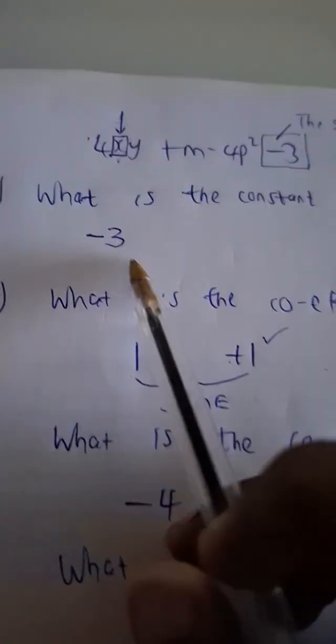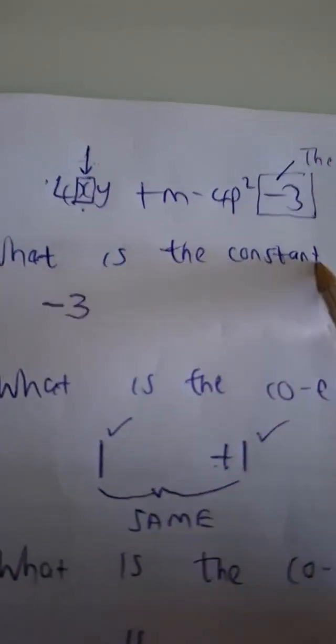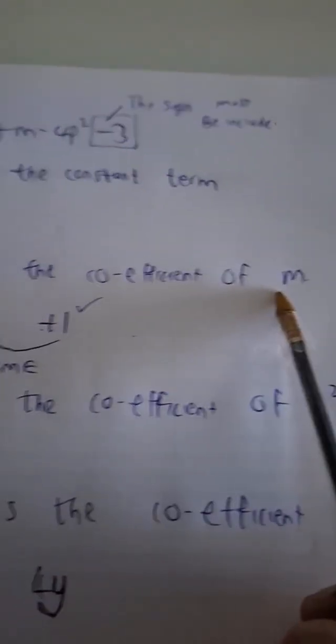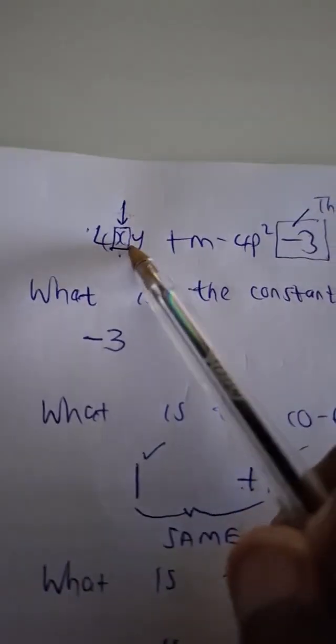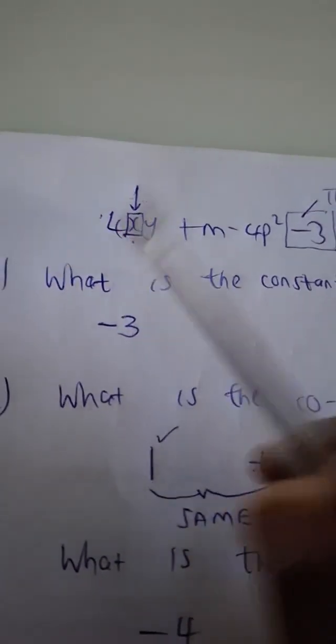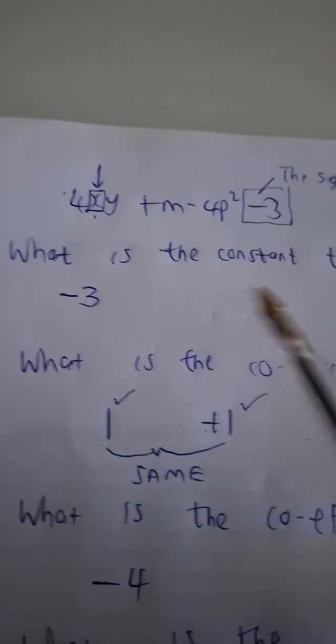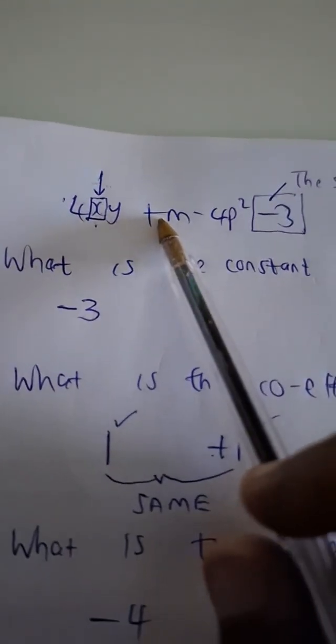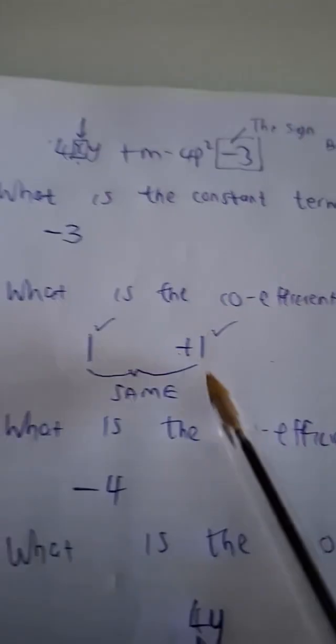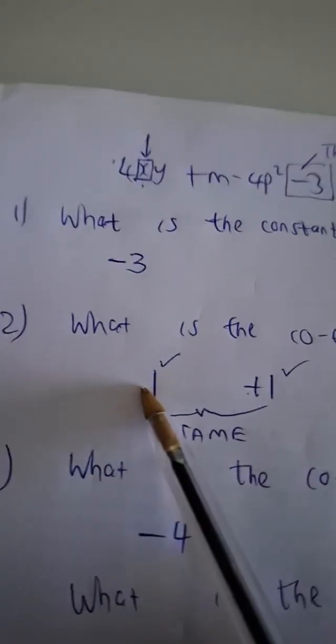For every answer we write here, whether it be the constant or the coefficient of something, we must always also consider the sign that is before that particular thing. So the constant here is not just 3, it's -3. The coefficient of m, and I love those people that said +1, but +1 also means 1, because 1 is a positive number.